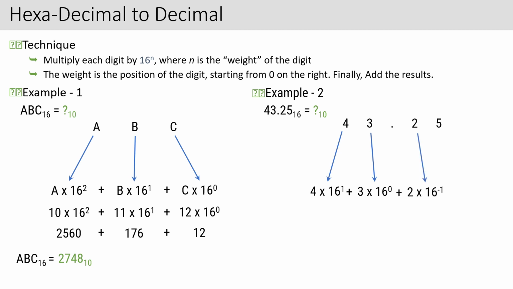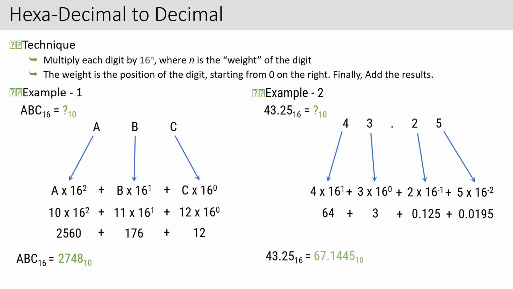What about 2 and 5? 2 into 16 to the power minus 1 and 5 into 16 to the power minus 2. You are getting 64 plus 3 plus this, which comes to 67.1445 in base 10. So this is how you are supposed to convert one form into the other.